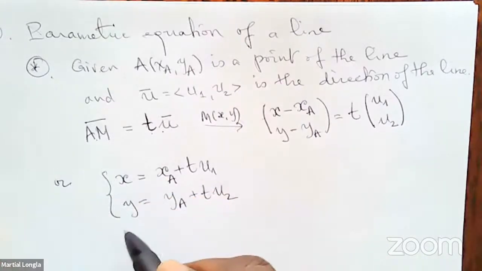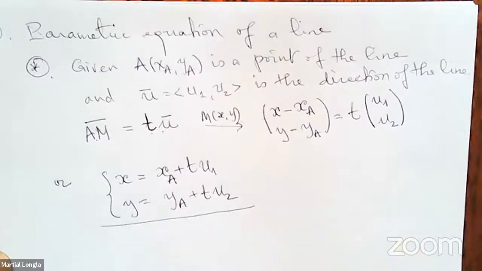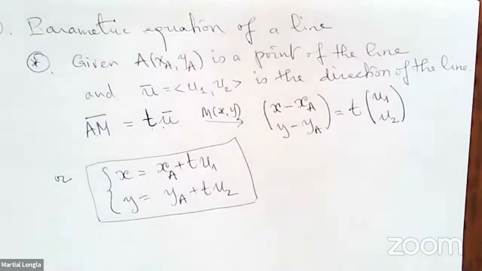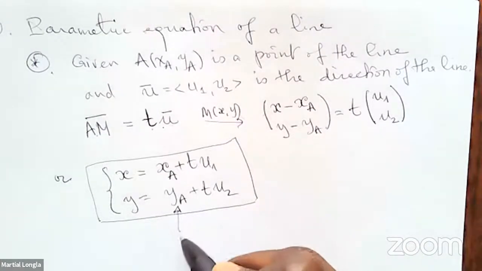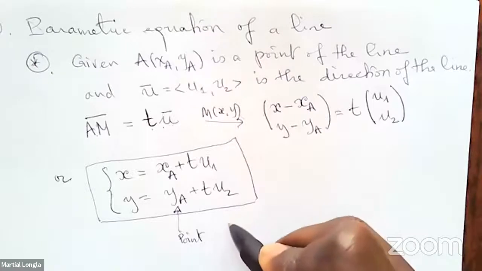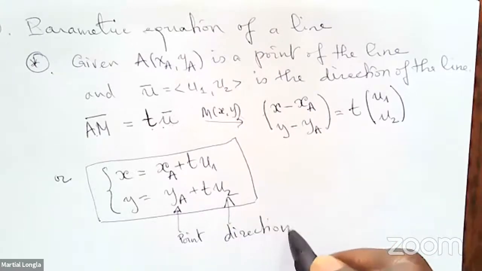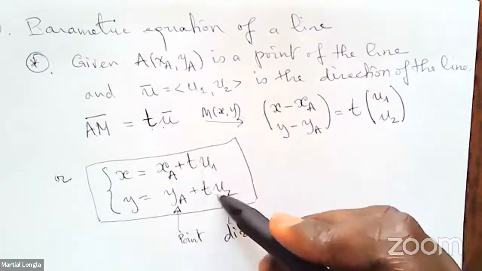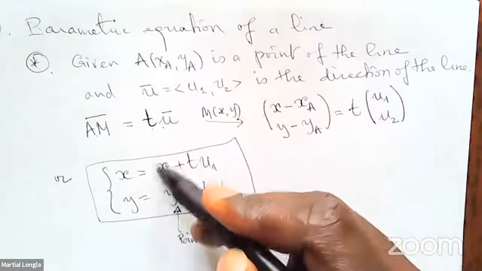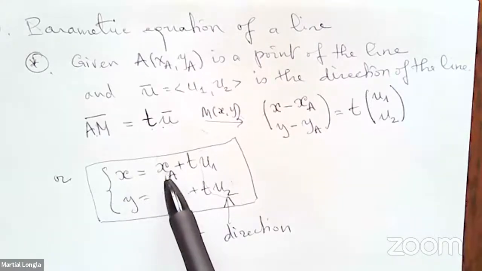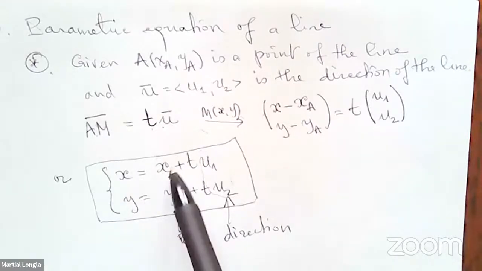This is how you find the parametric equation of a line knowing a point. This is the point, and this is the direction. What I mean when I point there, I'm pointing the set of the two coordinates. So the parametric equation of a line is obtained by adding to the coordinates of the known point t times the vector direction.